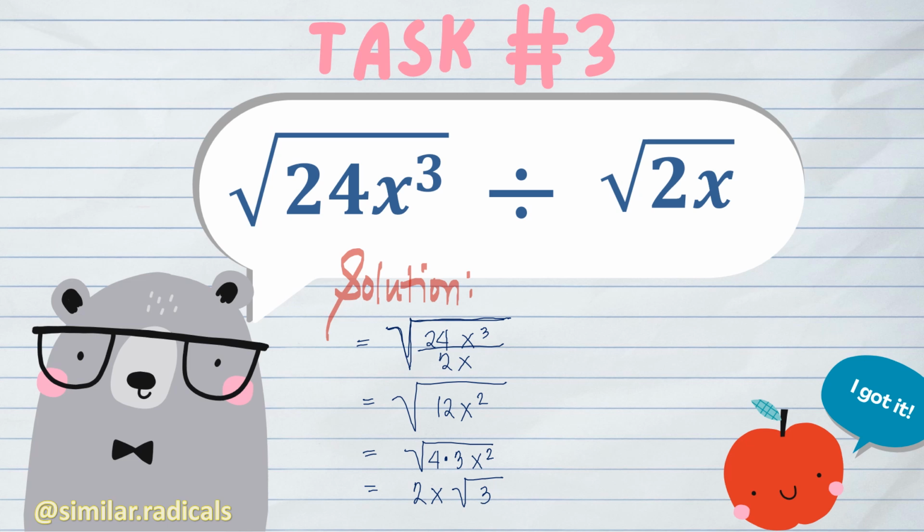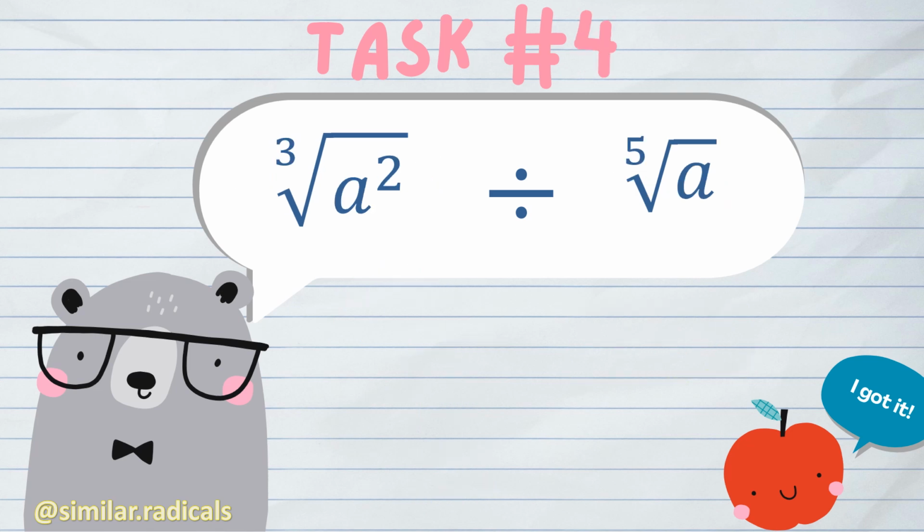So for our final answer in this item, we're gonna have 2x square root of 3. Again, this is our final answer in this task number 3, 2x square root of 3.